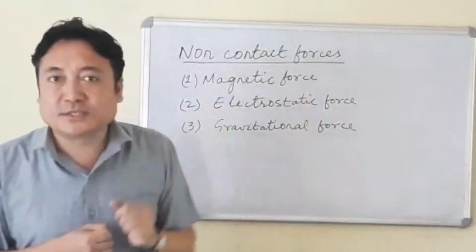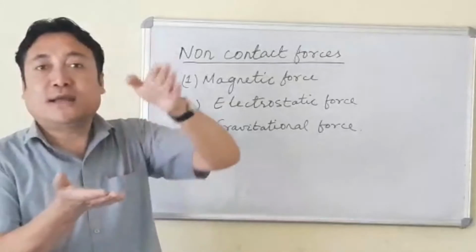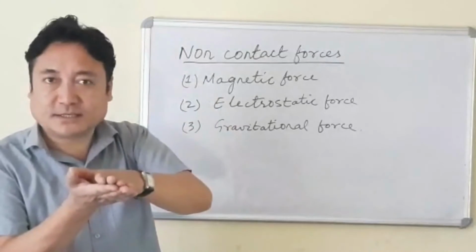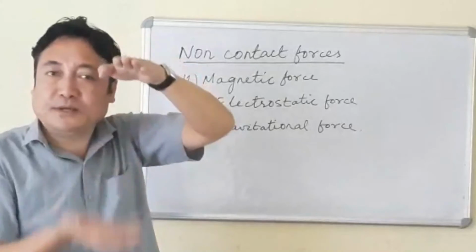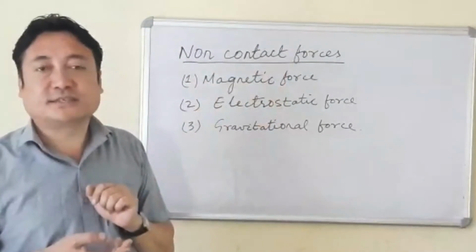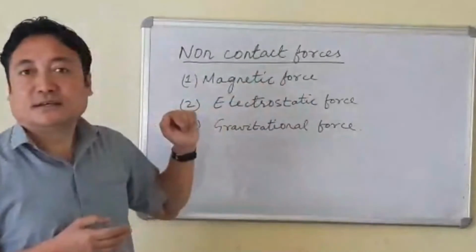So electrostatic force is also an example of non-contact forces. That means you don't have to touch the small piece of paper with a plastic scale. You just keep it at a certain distance. The paper itself gets attracted to the plastic scale. So this is another example of the non-contact force.